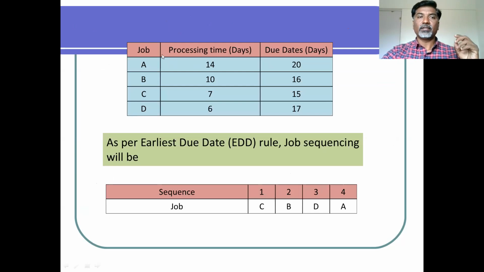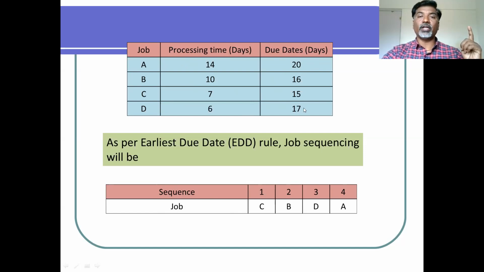They have given jobs, their processing times, and due dates. As per the earliest due date method, you have to create one table, sequence and jobs. Now we have to identify which job to process first. The earliest due date method says you have to process the job having the minimum, or shortest, due date.